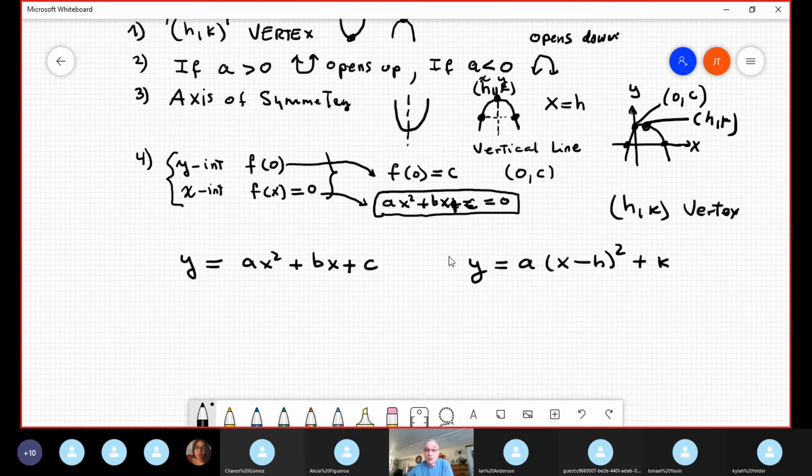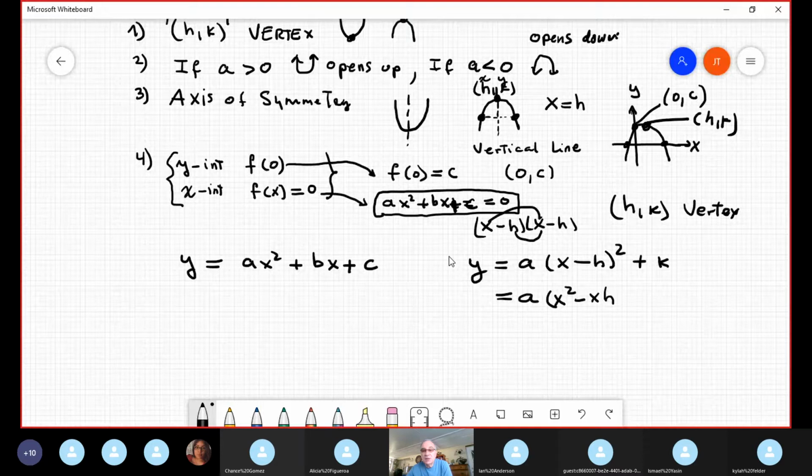Well, there are many ways to prove that. However, the easy way, in my opinion, is to multiply and apply FOIL. Let me try here: x minus h times x minus h. So x times x is x squared. x times h is minus xh.